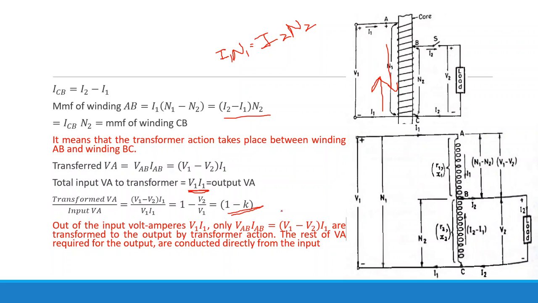Here what we understood, that out of total volt ampere, only a certain portion is transformed by transformer action. The K is coming here, 1 minus K. Okay, and the rest whatever is remaining from input volt ampere, that is going to transfer through conduction.